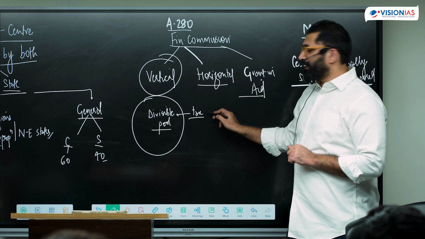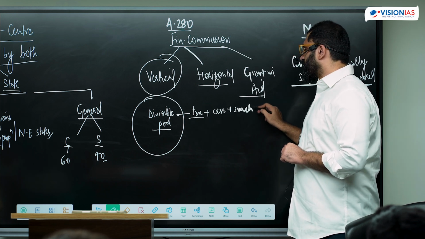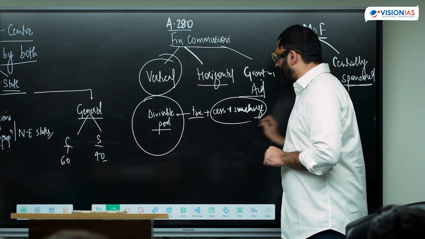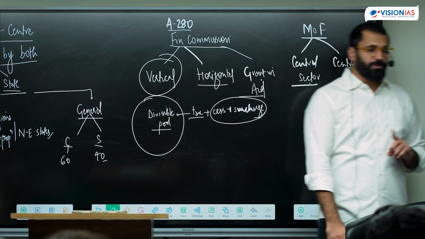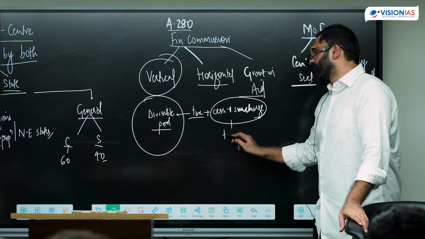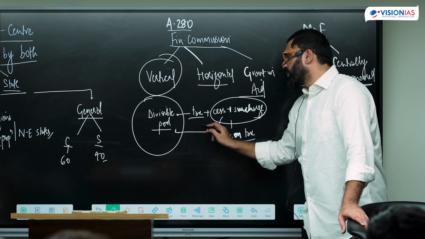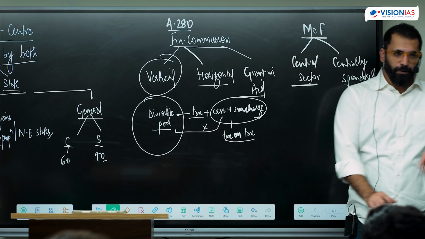Over and above the tax, the center also collects cess and surcharge. This money, as per the constitution itself, the cess and the surcharge, which is nothing but a tax on tax, does not go into the divisible pool.